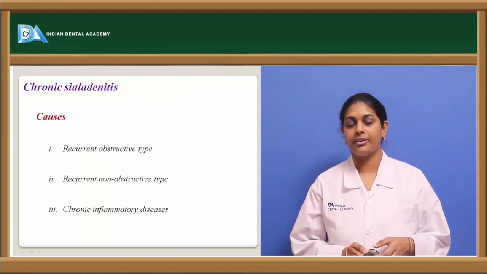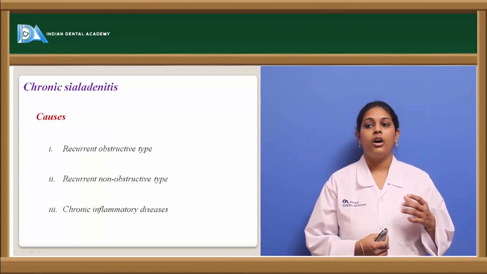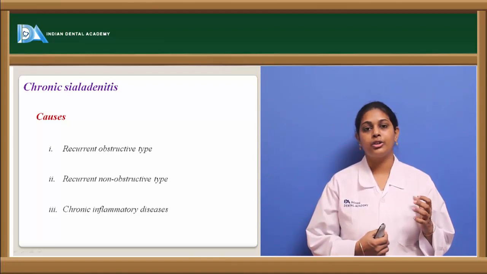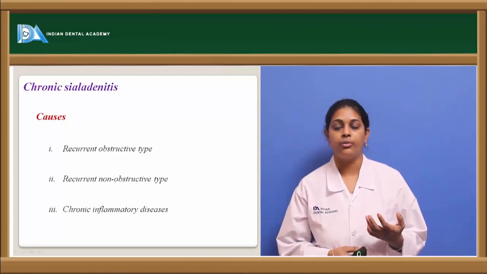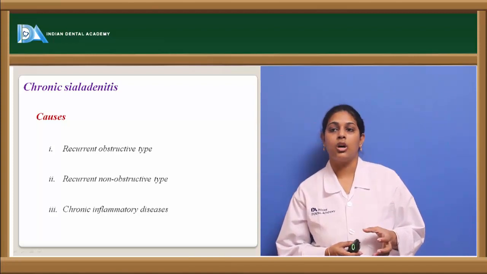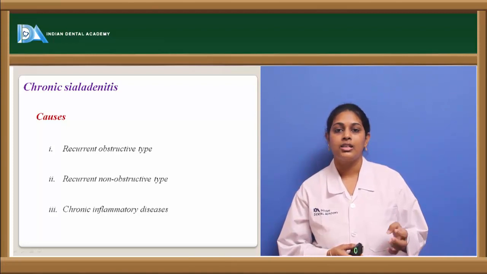Coming to chronic sialadenitis, the most common cause is recurrent obstruction occurring to the salivary gland duct, or otherwise because of the formation of stones in the salivary gland duct, which is known as sialolithiasis.